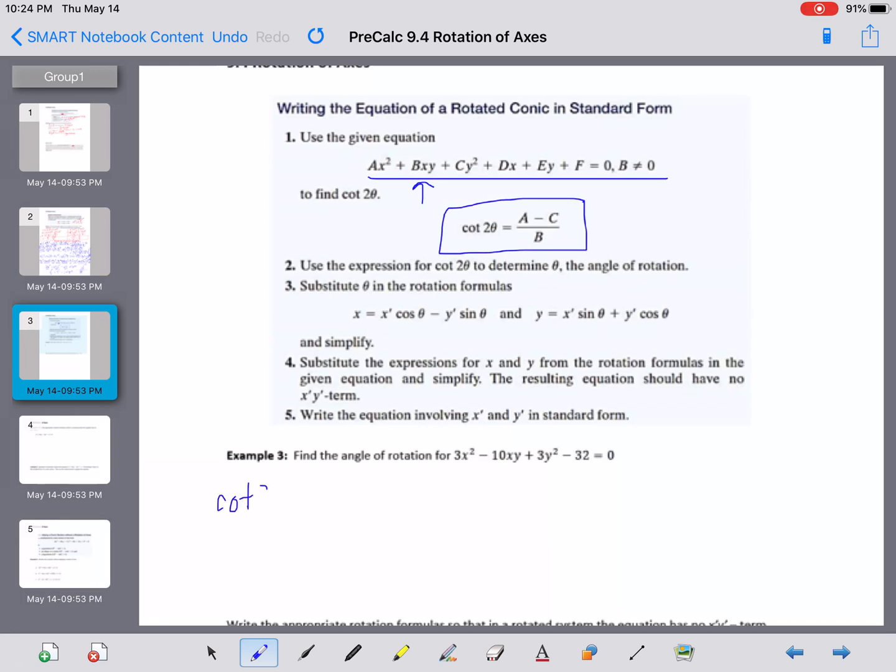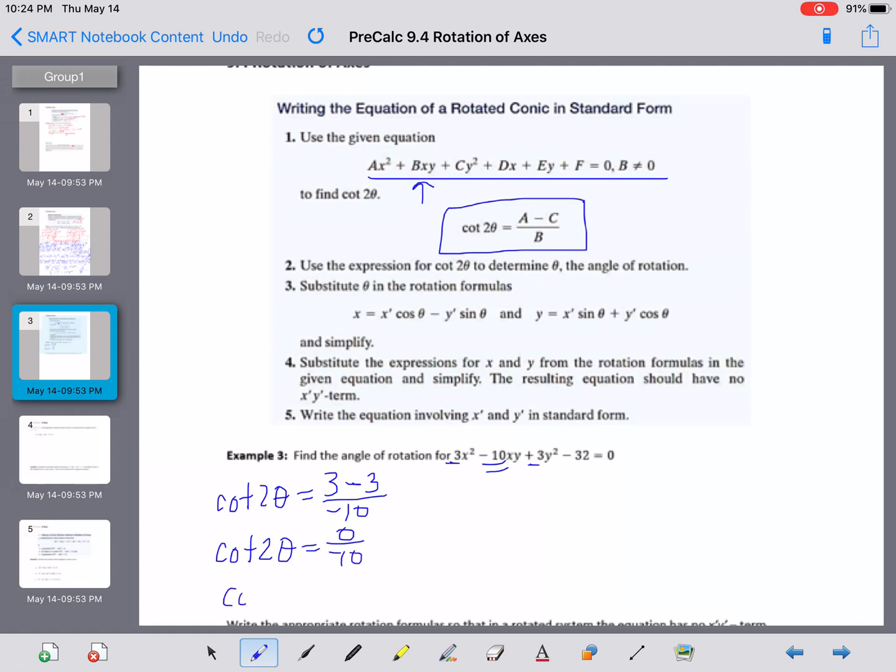Well, a is our coefficient in front of our x squared, which is 3, minus our c, which is in front of our y squared, so that's a 3, all divided by our b, which in this case is negative 10. So I get cotangent of 2 theta equals 0 over negative 10. Well, 0 divided by negative 10 is obviously just 0.